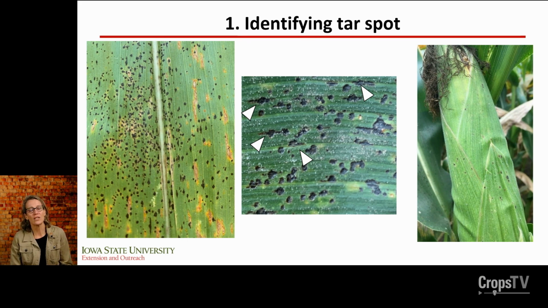And so you'll notice that those spots can either be very circular, or they can be kind of elongated and just different shapes that occur on the leaves. Sometimes those spots will bleed down the veins. That's what those arrows are indicating on the middle picture there. And then we can also see tar spots on the husks of the ears.